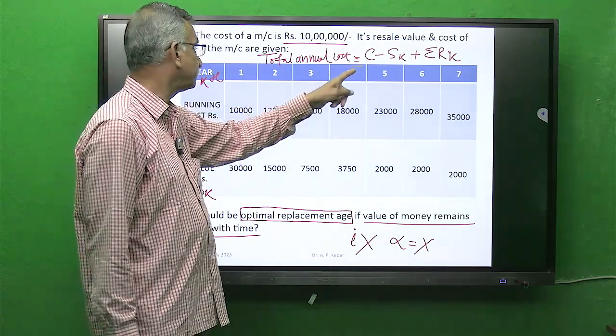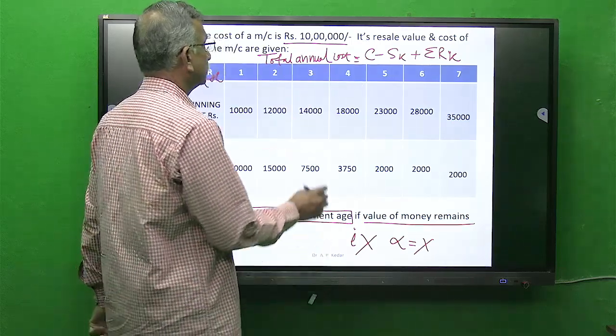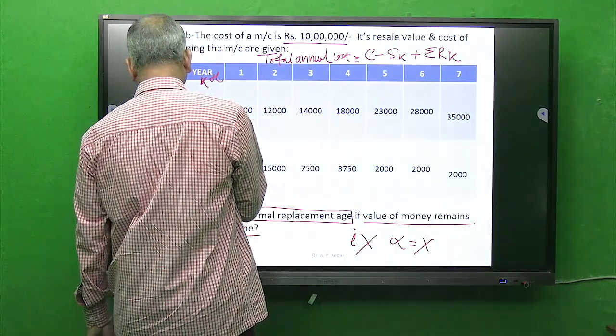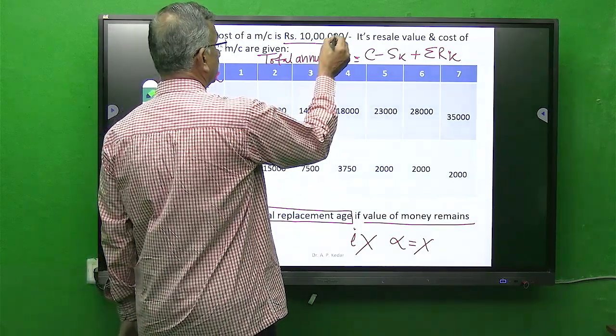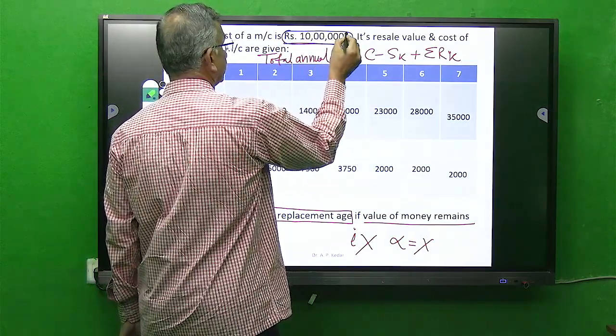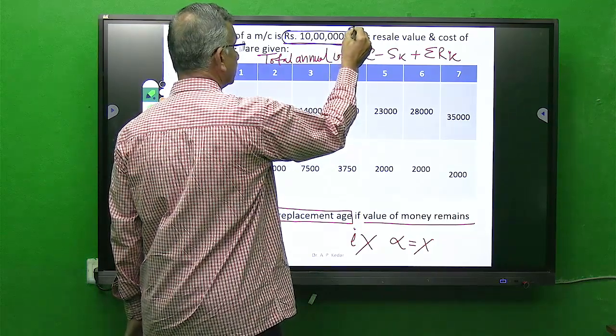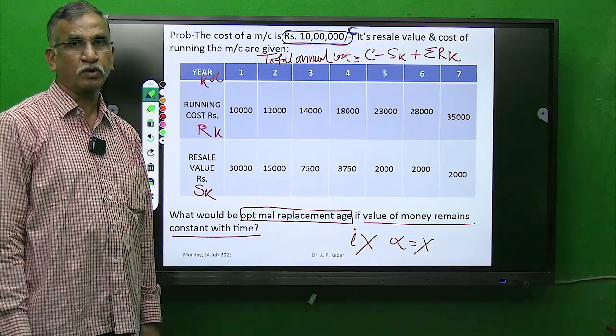Now see this variable C. We must be in a position to identify which data pertains to which. So here this rupees 10 lakhs is nothing but the value of C, which remains constant for all the years.